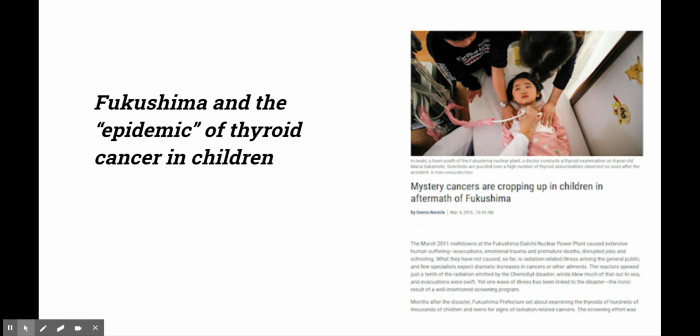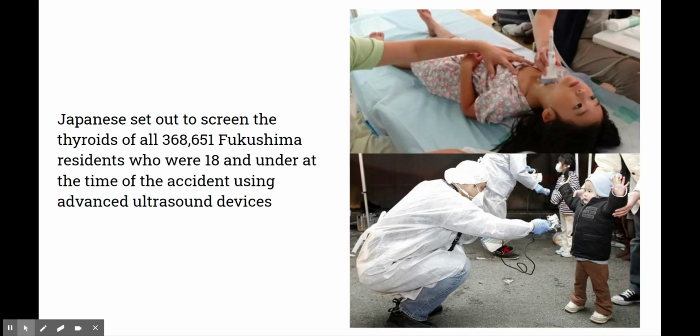So, naturally, scientists and epidemiologists were concerned that there was going to be an increase in the number of thyroid cancer cases in children around the area because of this disaster. There's nothing wrong with that. It's perfectly logical to assume that.